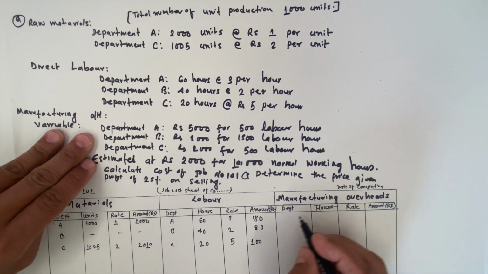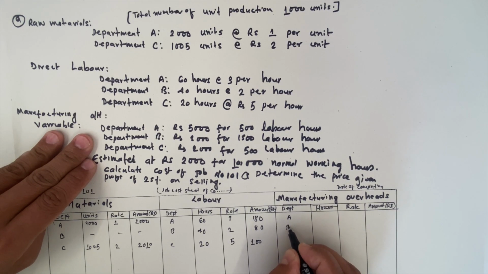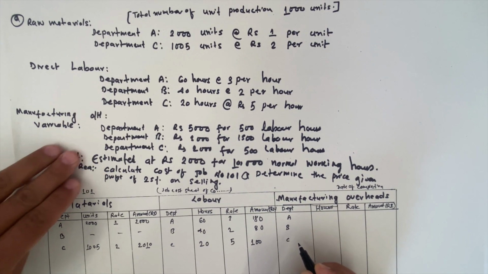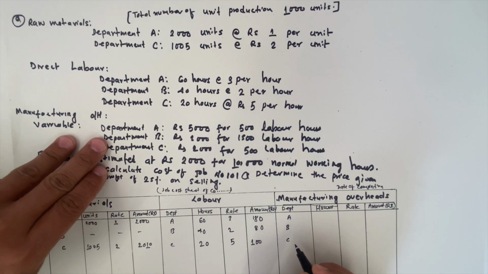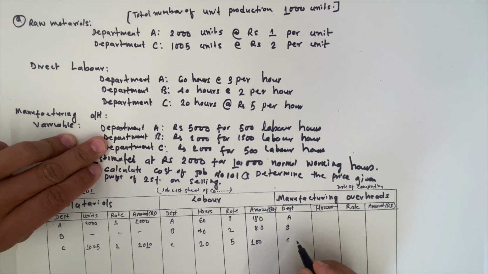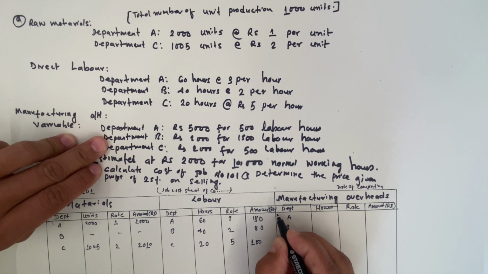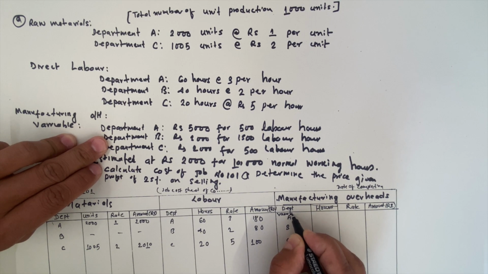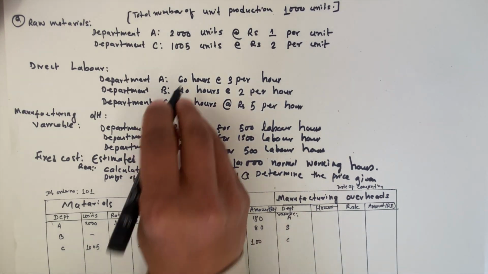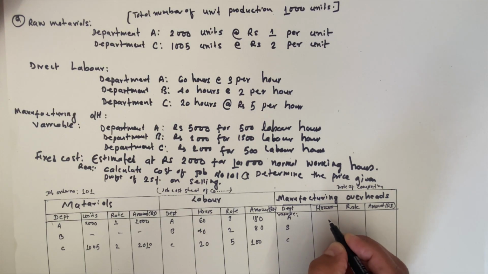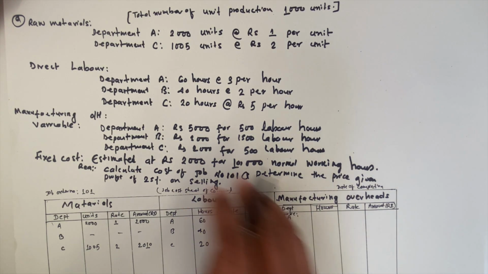Manufacturing overhead, again department A, B and C. Department manufacturing overhead in a variable department, this is variable. So for the manufacturing overhead, the rate is based on direct labor hours.